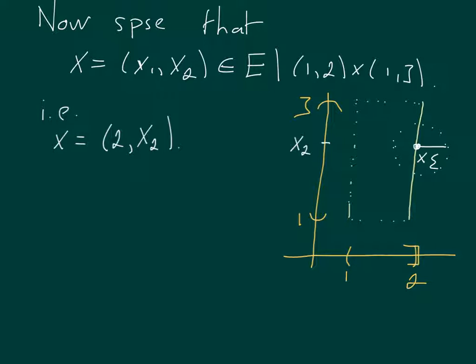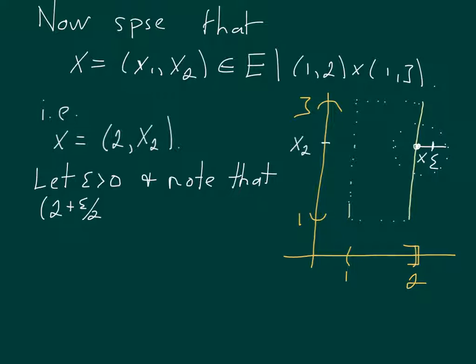Well, we let epsilon be greater than 0, and we note that the point, well, let's take this point right here, which is going to look like 2 plus epsilon over 2. So we just moved a little bit to the right here.